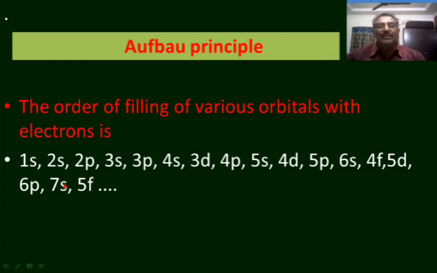When the orbitals before 4p are completely filled, then only the next electron is to be written in the 4p orbital. In this way, the orbitals are to be filled with electrons in the increasing order of their energies. This principle is known as the Aufbau principle.